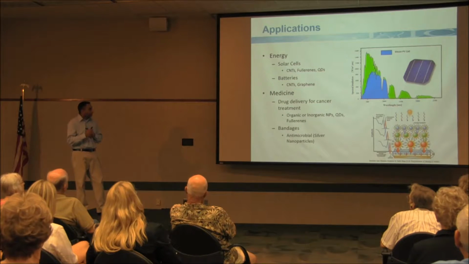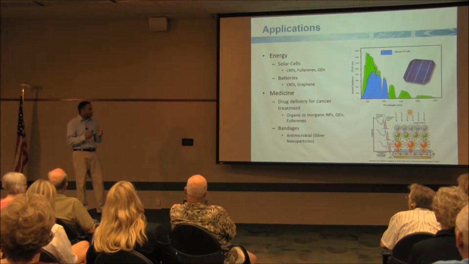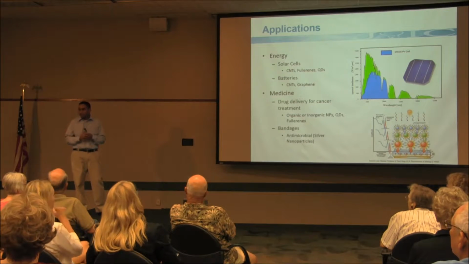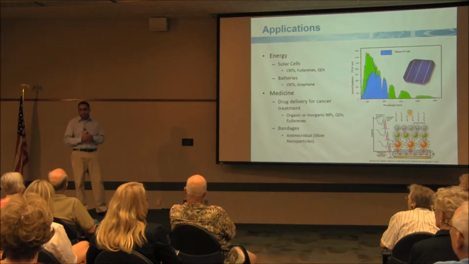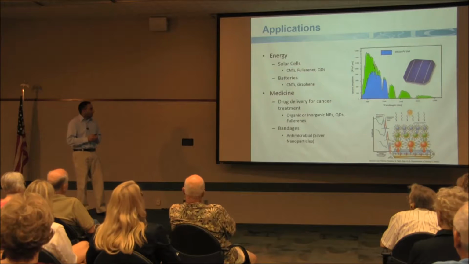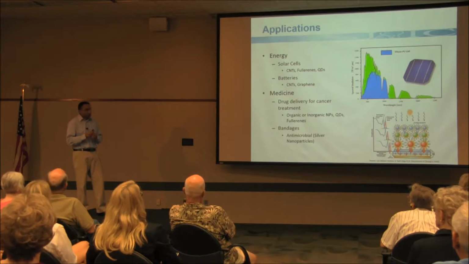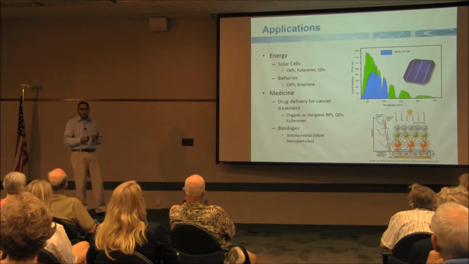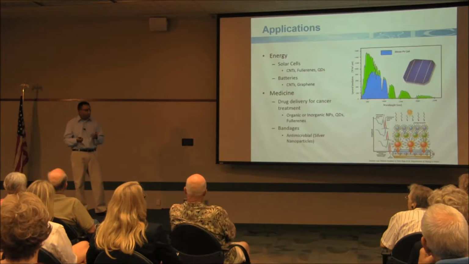Also in medicine, drug delivery for cancer drugs, where the molecules are targeted to just the cancer cells rather than chemotherapy where the whole body is being irradiated. And also bandages: antimicrobial silver nanoparticles are used to mitigate infection.